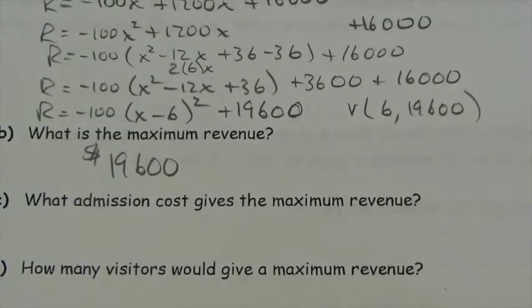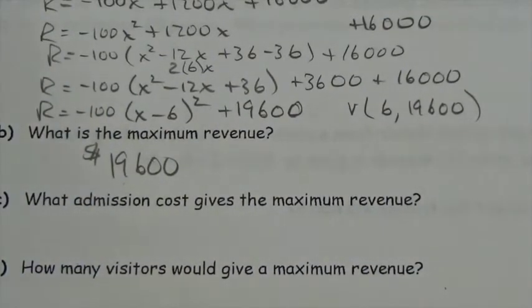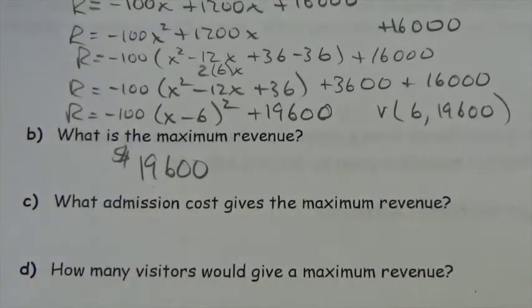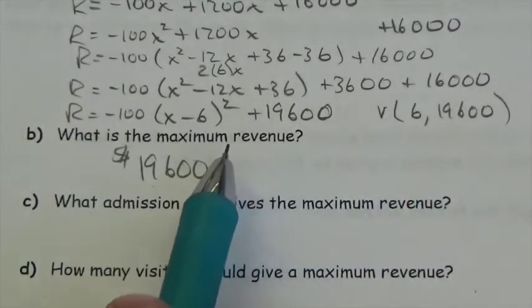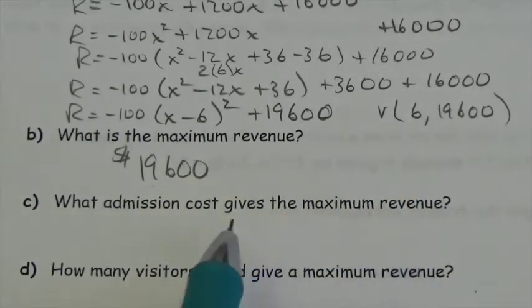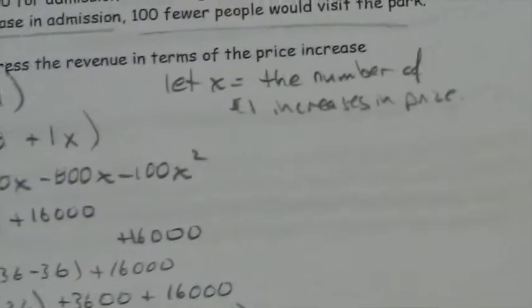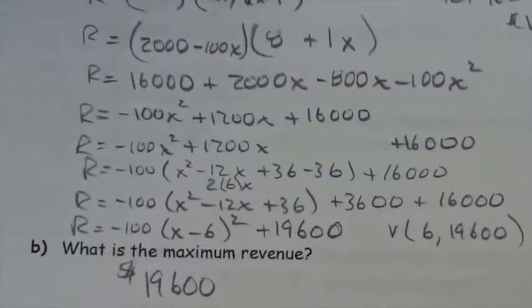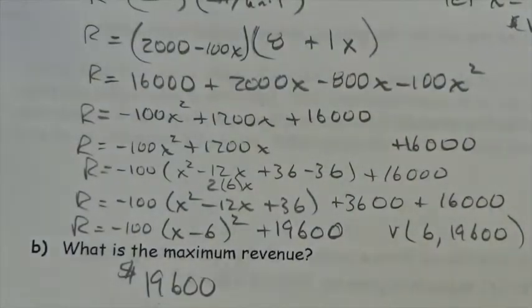Okay, now don't go weird on me here. Don't say, well, it's going to be $6. No, it's not. X is not the admission cost. X, remember, was the number of $1 increases in price. So think about it. I was increasing the price.